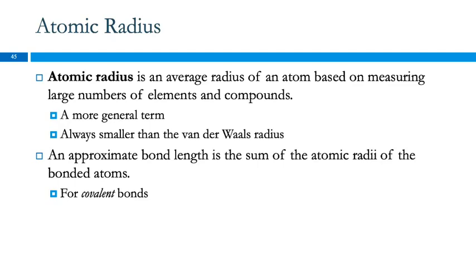And so there's just so many possibilities, and so we're just looking at a general average. We can approximate a bond length, like if we had hydrogen and bromine, we wanted to know, well, what's the bond length? What's the distance between the nuclei? We could look up the atomic radius of bromine and the atomic radius of hydrogen and add them together, and that would give us a ballpark estimate of what the bond length was.